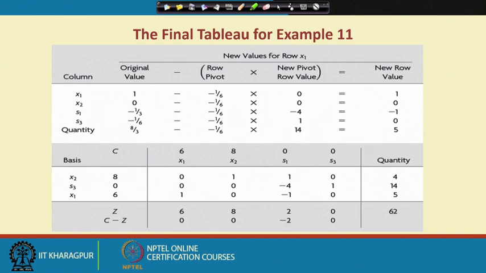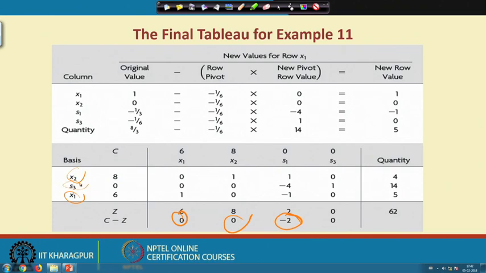So, corresponding to this particular problem, we have now reached the optimum solution, because for the unit matrix we have net evaluation 0, and for the non-unit matrix we have net evaluation negative. That means we have reached optimality. In the basis matrix, x1 is one entry and x2 is another entry, and there is no artificial variable.